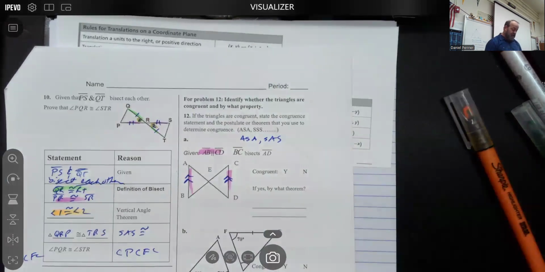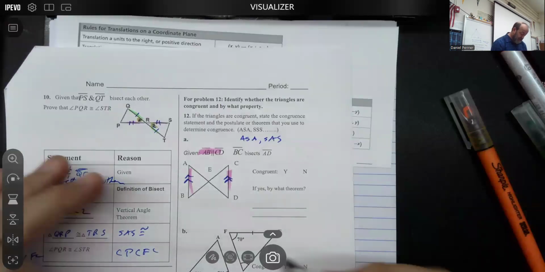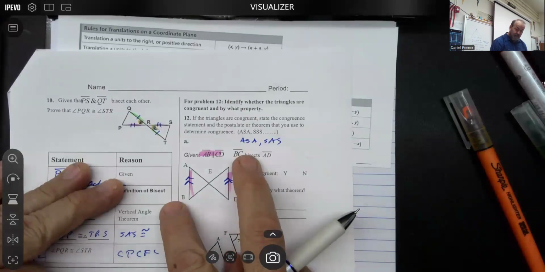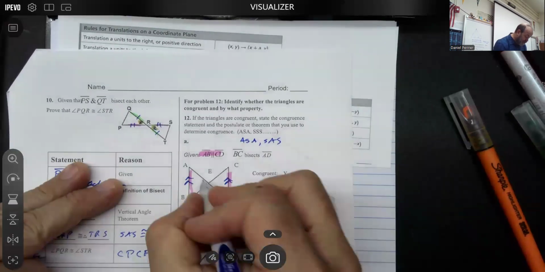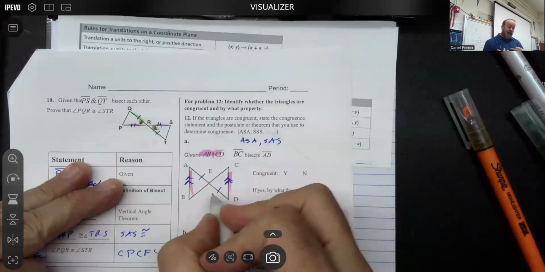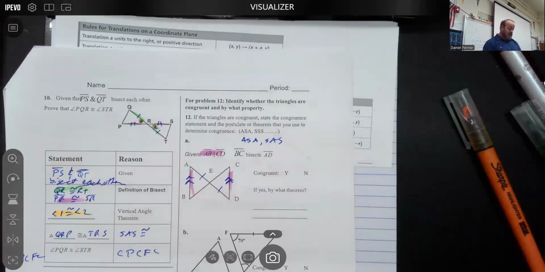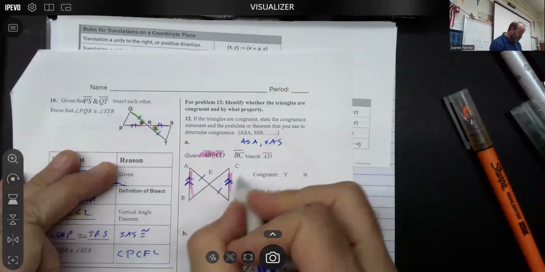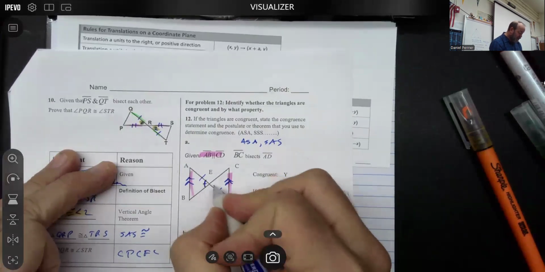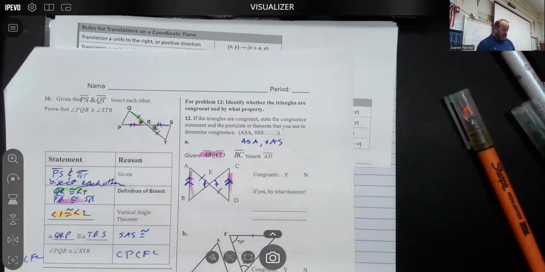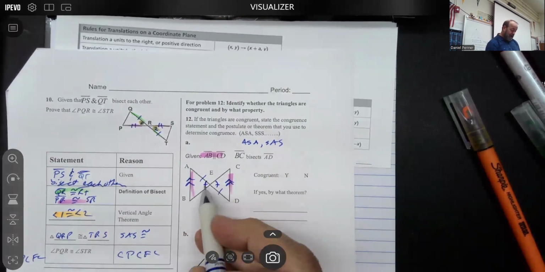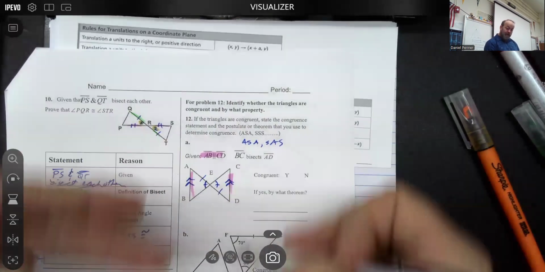But parallel lines always give us information about angles. So remember, I'm going to grab something about an angle. I'm going to use alternate interiors in here somewhere. But I also know that BC bisected AD. So BC is the knife that cut AD into 2 equal pieces. Now, this is not a proof, so I can just write some information down that I know very quickly. I also know, like the previous questions, that vertical angles are going to be easy. So what I have right now, I've got a side, I've got an angle, and I've got parallel lines.